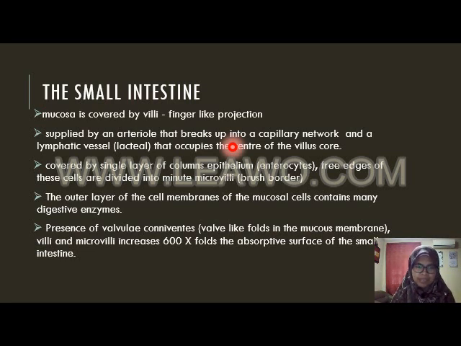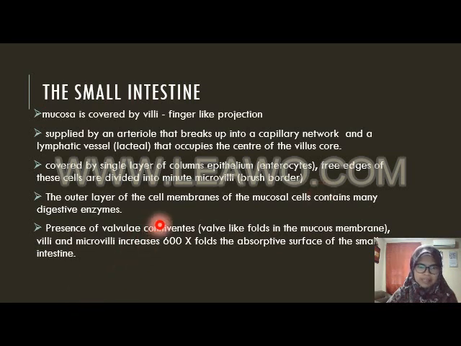This is actually to optimize the ability of the blood capillaries to absorb the nutrients that have been absorbed by the villi. And these villi are also covered by a single layer of columnar epithelium, which are the cells of the small intestine. The free edges of these cells are divided into minute microvilli, which look like a brush border. So in addition to villi, there are microvilli, smaller finger-like projections that further increase the surface area of the small intestine.